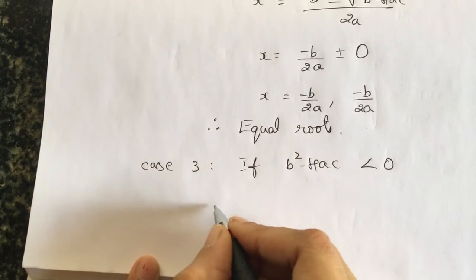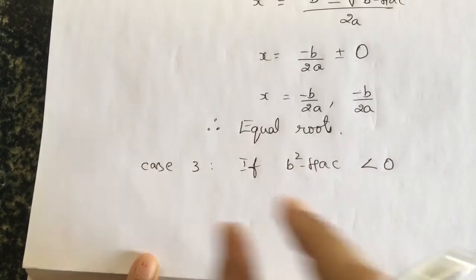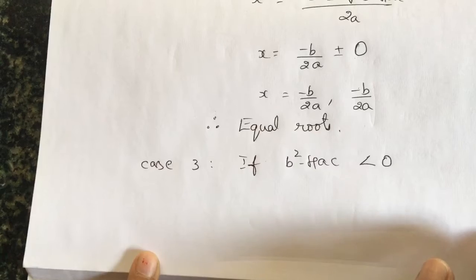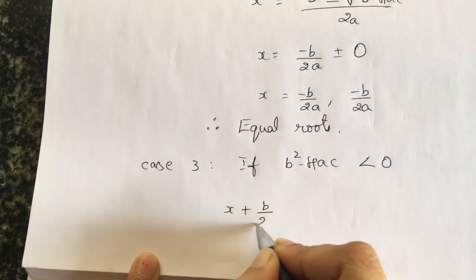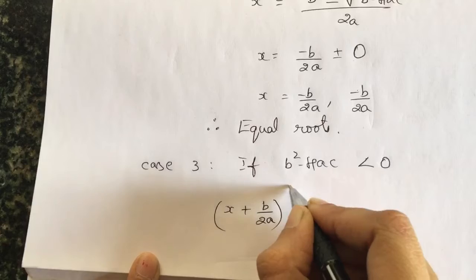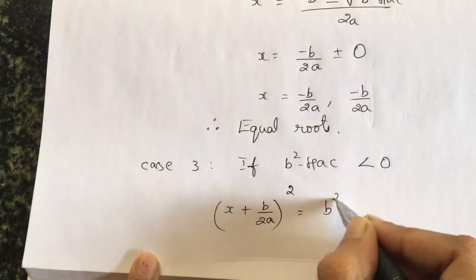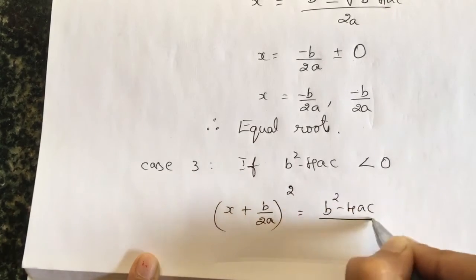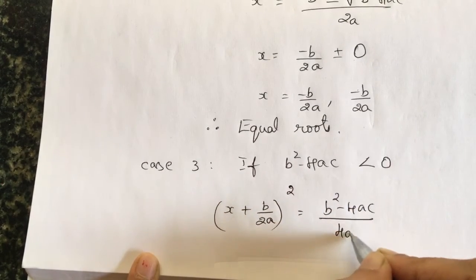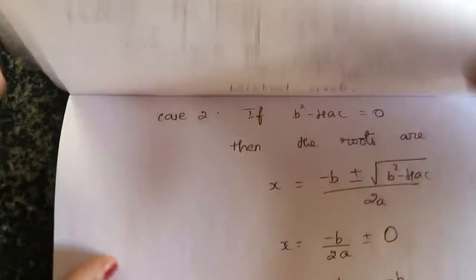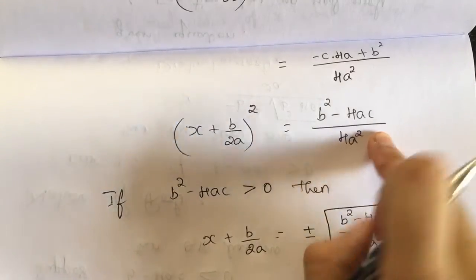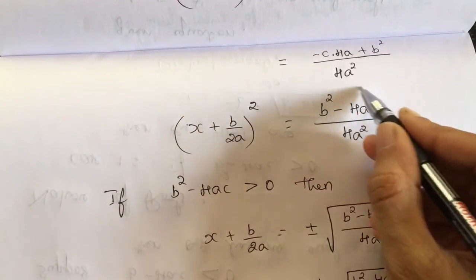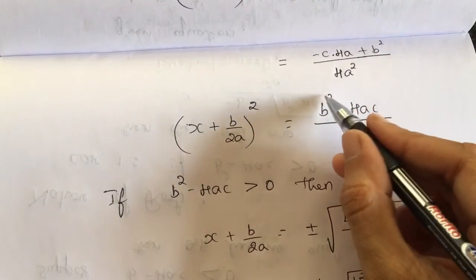We are writing the quadratic equation in the perfect square form, that is, x plus b by 2a whole square equal to b square minus 4ac by 4a square. This is what we are getting. Now this is negative. They are saying b square minus 4ac is negative.